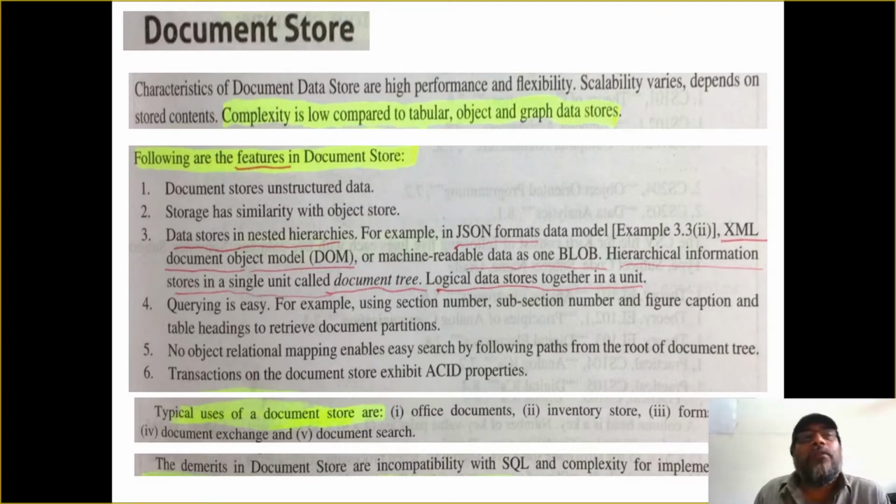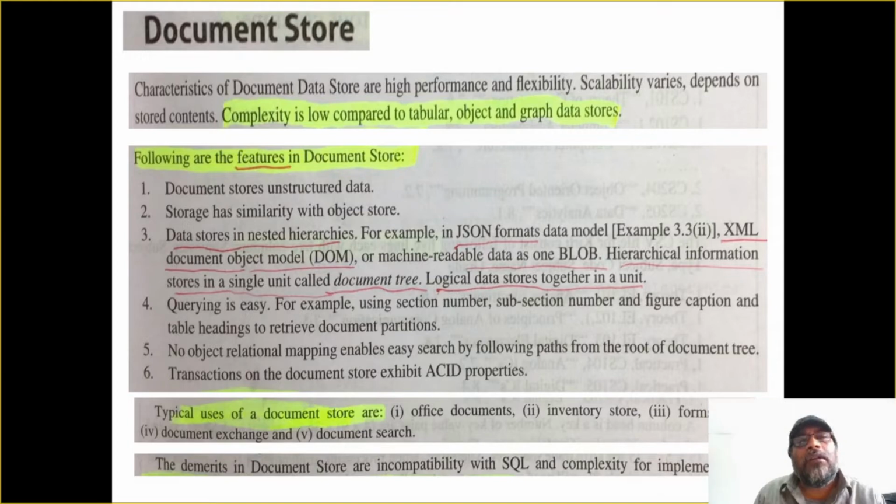Based on what contents we store, we will decide the complexity. Complexity is low compared to tabular, object and graph data stores. Key value you can say is somewhat complex, but compared to others, document store is easy. The following are the features of document store.